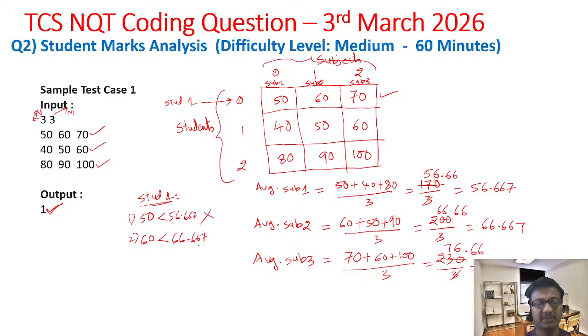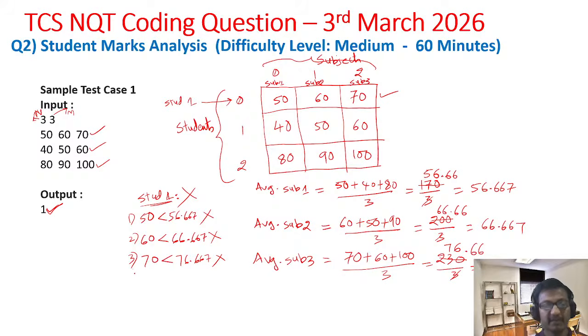His marks are less than the average, so in the second subject also he has not passed. Like this you compare each student's marks in each subject. Then 70 is less than 76.667. So student 1 has not passed.